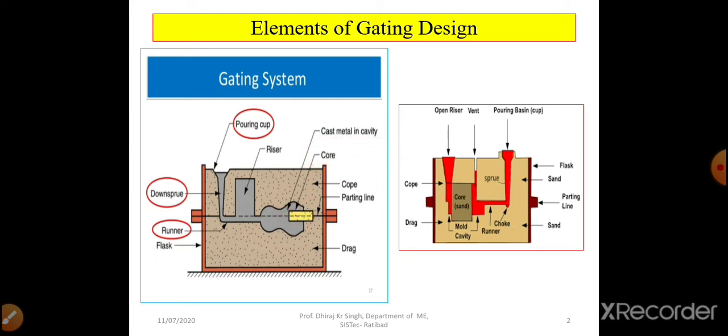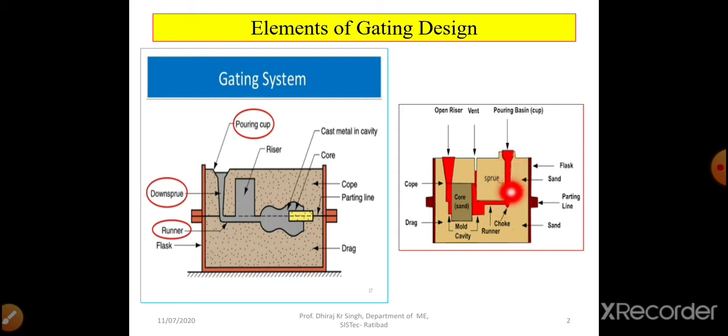In a similar way, we can see these things in diagram 2 too. So this is our mold flask. The upper half is known as cope, the lower half is known as drag, and the reddish portions, these two reddish portions, are known as mold cavity, and core is placed here because we want some hollow castings. So that's why core is placed here. This horizontal section is known as runner.